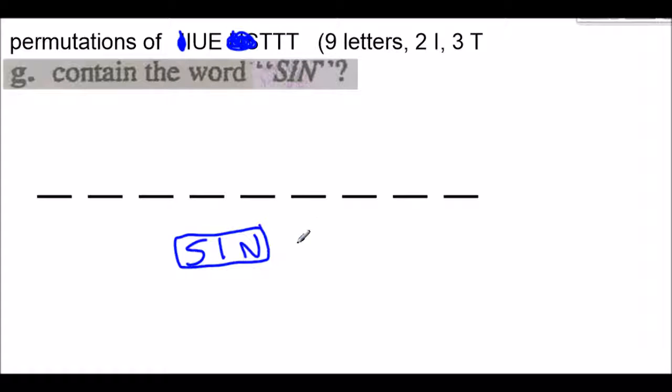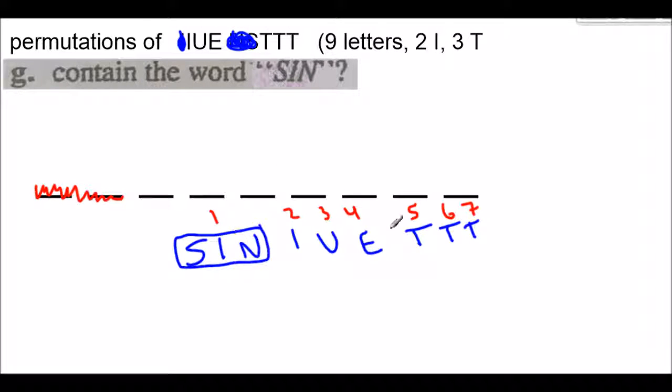So I also have an I, a U, an E, and T, T, T. So I have 7 letters, and I need to fill... now this one here is going to take up 3 positions, so I'm actually only filling 7 positions. So these are all getting intermixed, in other words.